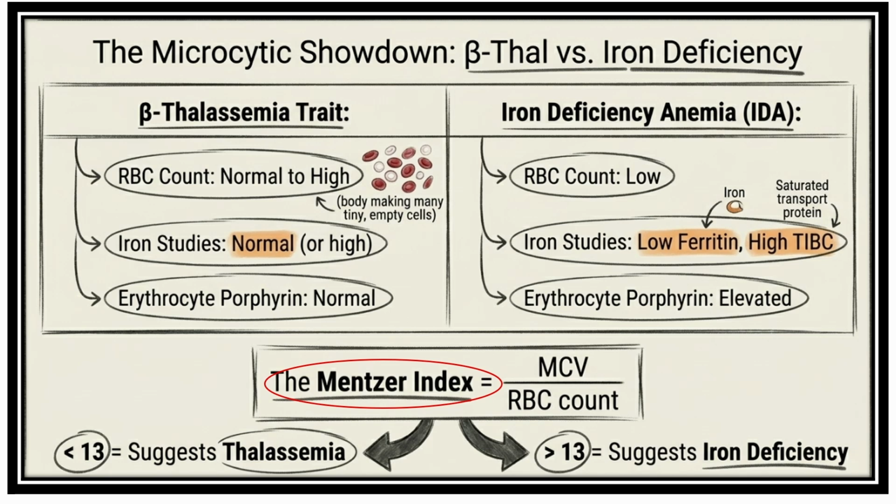A score less than 13 strongly suggests thalassemia because the body is making many tiny empty cells, keeping the RBC count relatively normal or high, and a score greater than 13 suggests iron deficiency anemia.